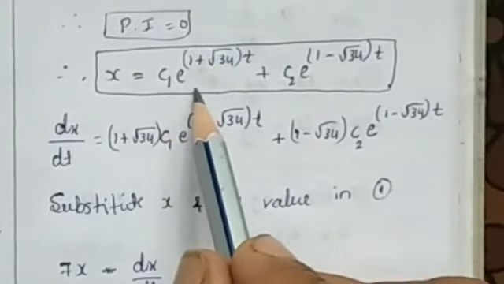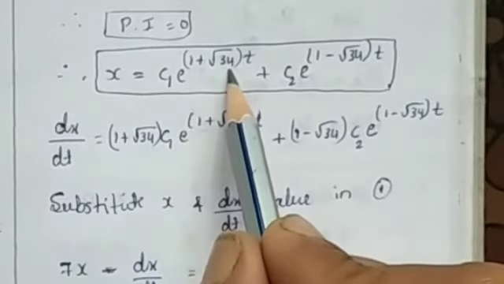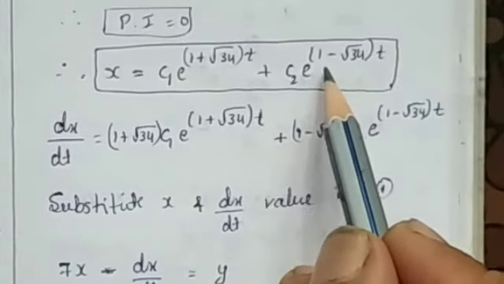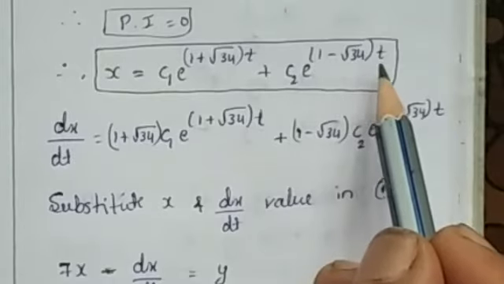Therefore, the x value is c1 e power 1 plus square root of 34 into t plus c2 into e to the power 1 minus square root of 34 into t.